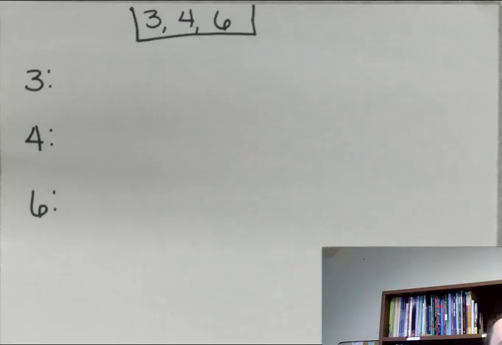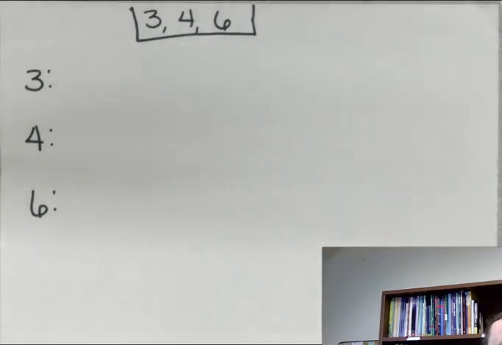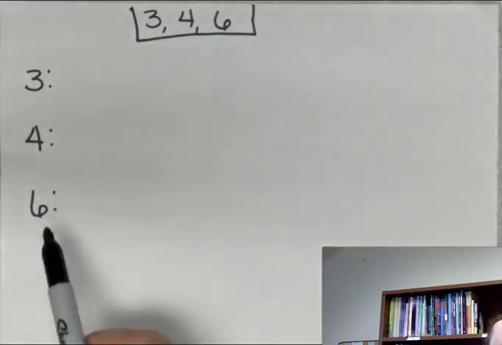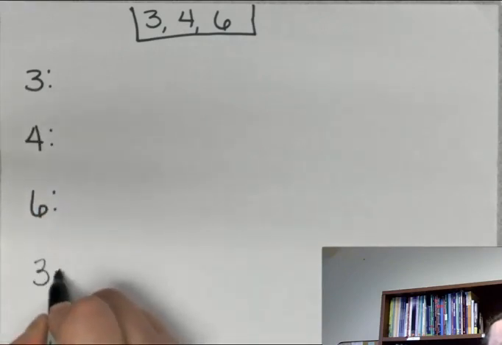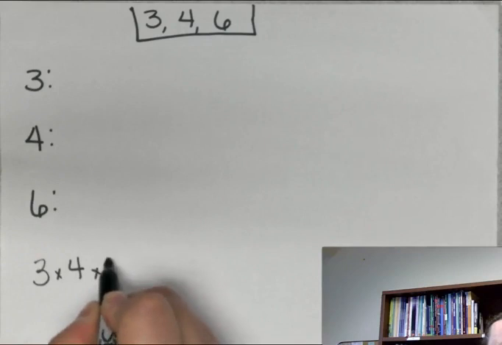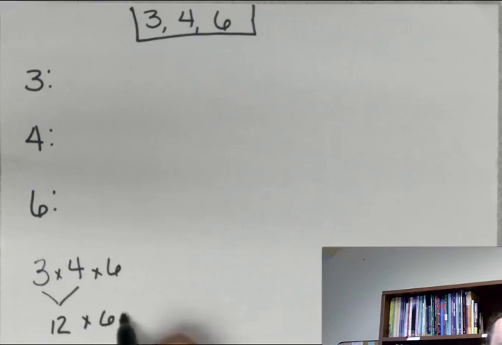And the last set of numbers we are going to look at is going to be 3, 4, and 6. And remember what I said about if you multiply the numbers together, you will get a common multiple. So let's multiply 3 times 4 times 6. 3 times 4 is 12, and 12 times 6 is 72.